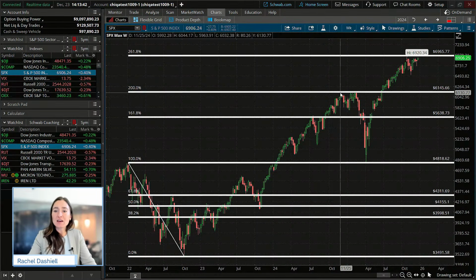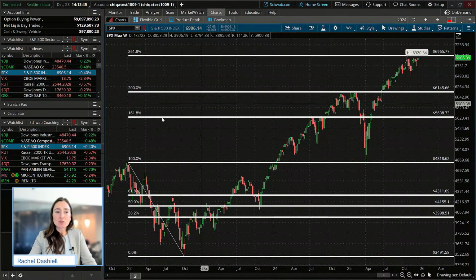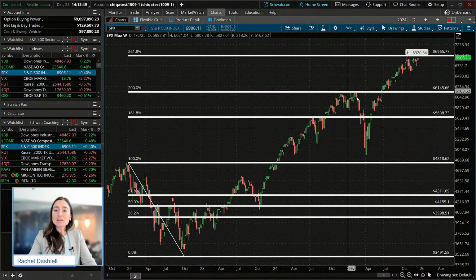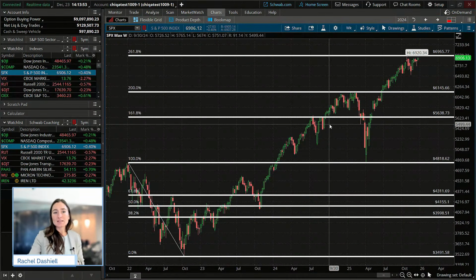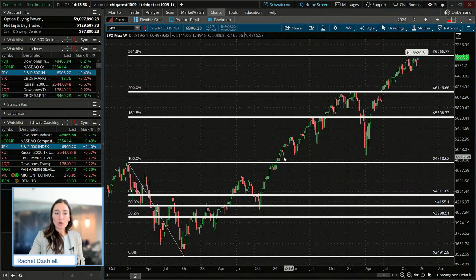So a lot of times the 161.8% retracement level and the 200% retracement level, that's really a popular area where we may see a lot of profit taking when traders go long with a breakout of resistance.